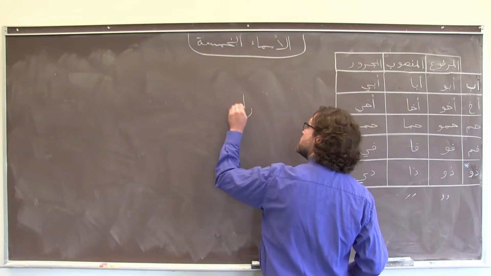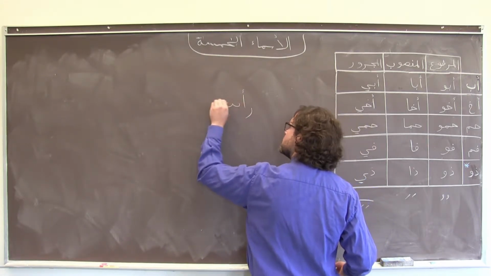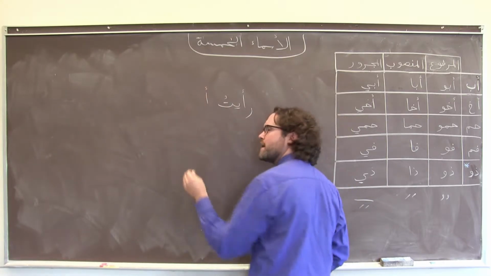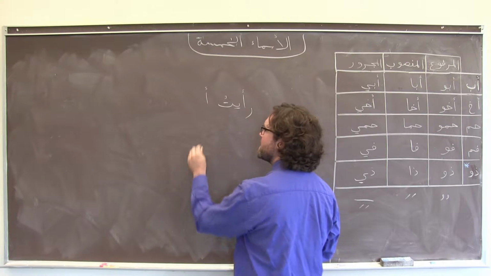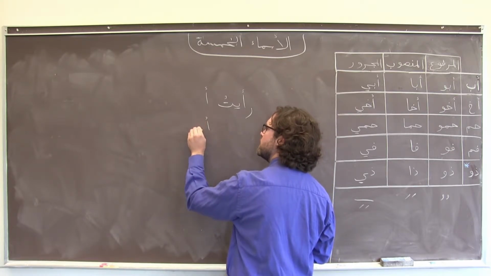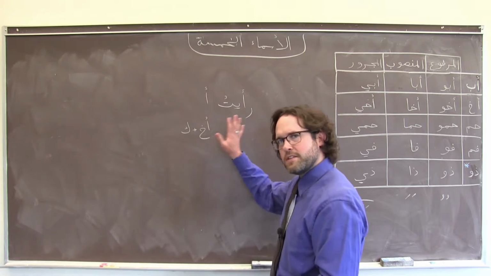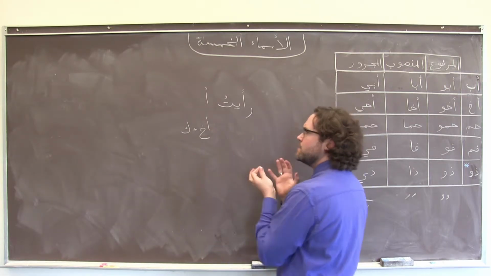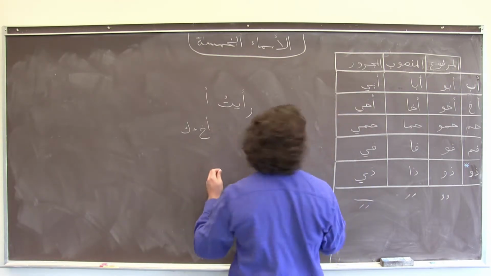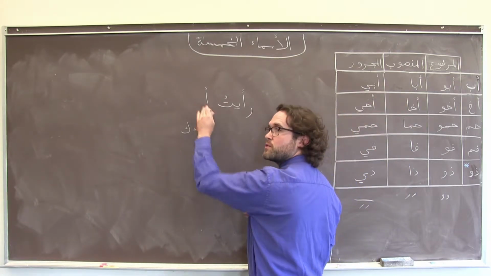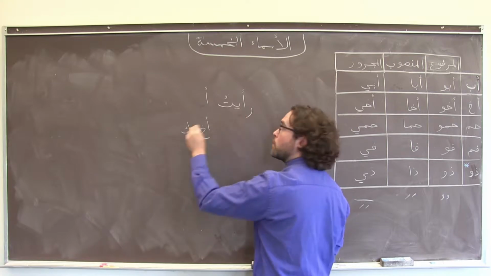So, for example, if I wanted to say, I saw your brother at the office. I saw, ra'aytu your brother. Now, ordinarily, if we didn't know any better, we could just take the word akh and add a kaf. But because akh is one of these special nouns, I need to demonstrate the case, which is mansoob, because the brother is the object of the verb saw, right?